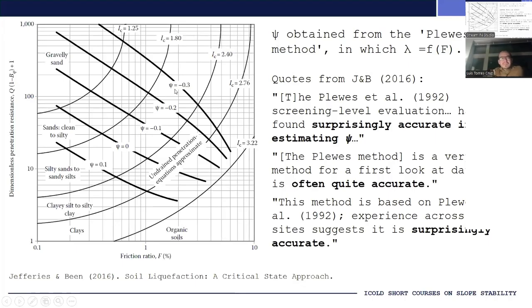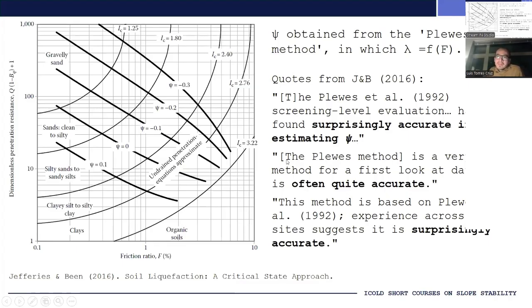And I want to bring to your attention some of the quotes in the Jeffries and Been soil liquefaction book about the Plewes method. They say, for example, that the Plewes method is a screening level evaluation that has been found to be surprisingly accurate in estimating the state parameter.